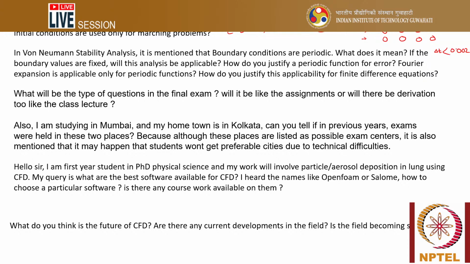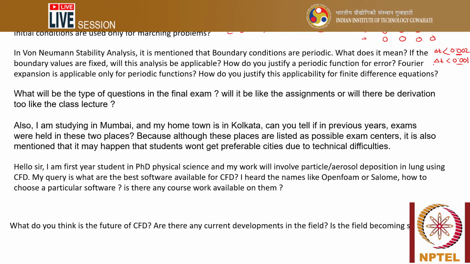Now for the original problem, which is not periodic, you may get delta t less than 0.001. So you can see that using the periodic boundary condition it is 0.002, but for your original problem, which is not periodic, delta t is restricted by 0.001, which is lesser than 0.002.